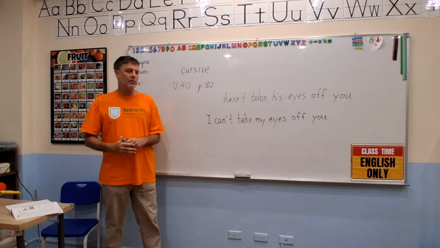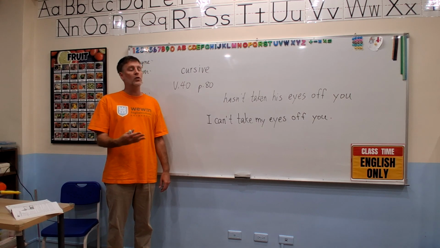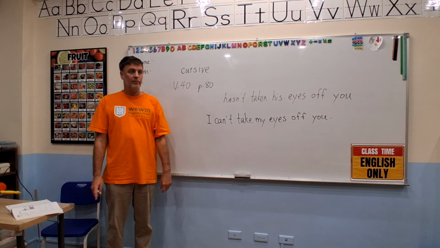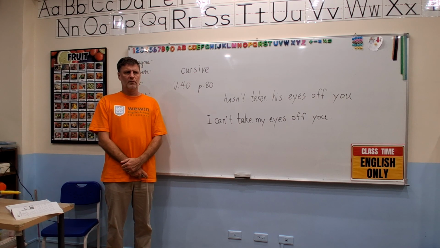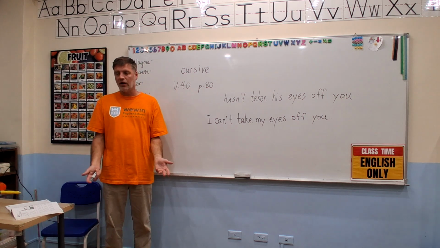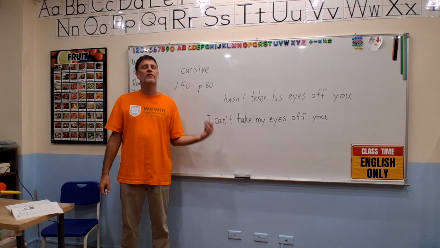Vicky, can you guess what that means? I can't take my eyes off you. If I can't take my eyes off you, what do I do? You're looking at somebody, right? Now, why would you say that to somebody? Who would say this to you?